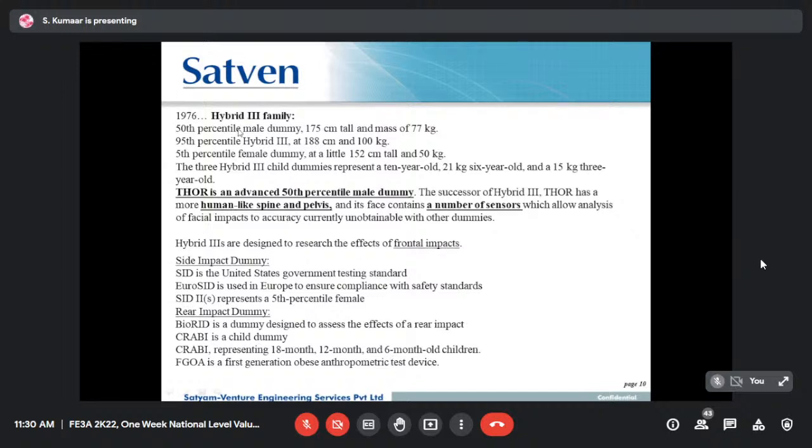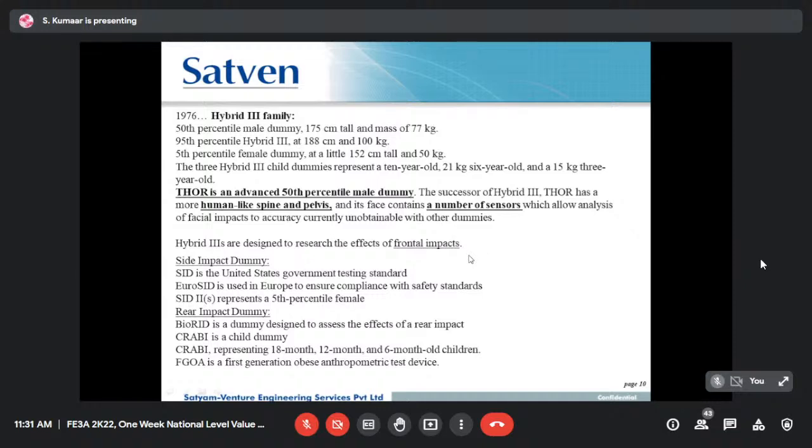When it comes to the hybrid family, we have only 10 years old, 6 years old, and 3 years old. But in the CRABI family, we have 18 months, 12 months, and 6 months old dummies also available. And they developed a first generation O-based anthropometric test device also. But this FGOA we are not using at present.